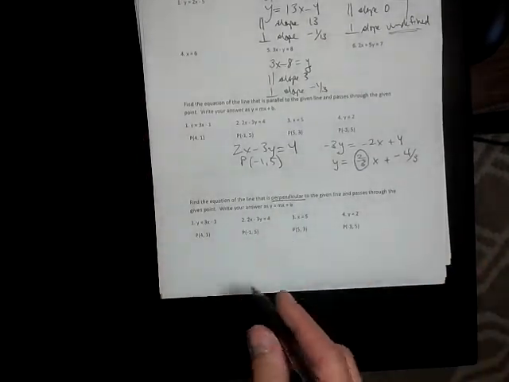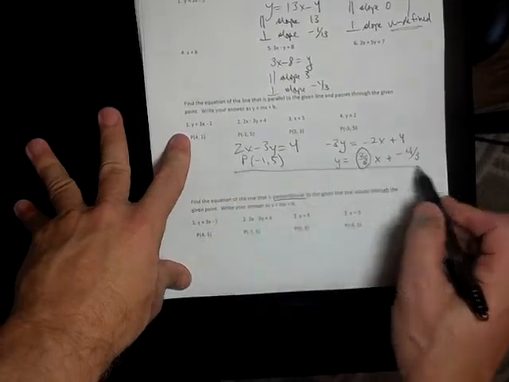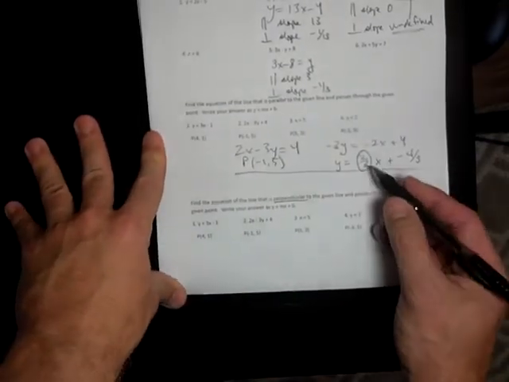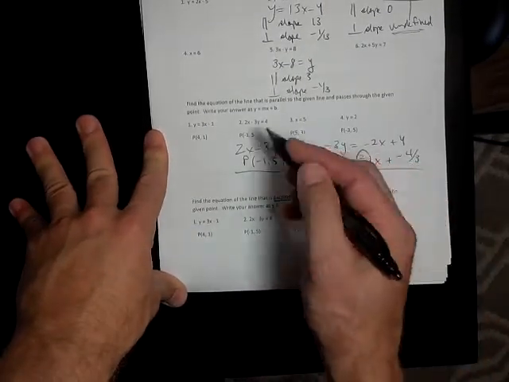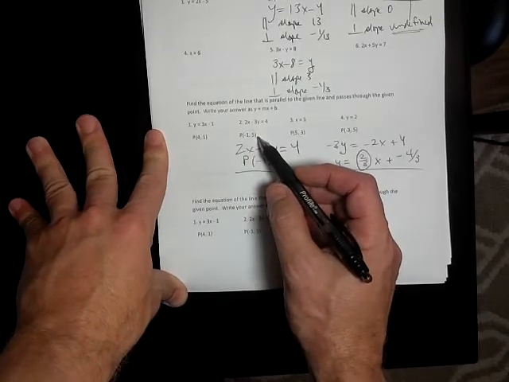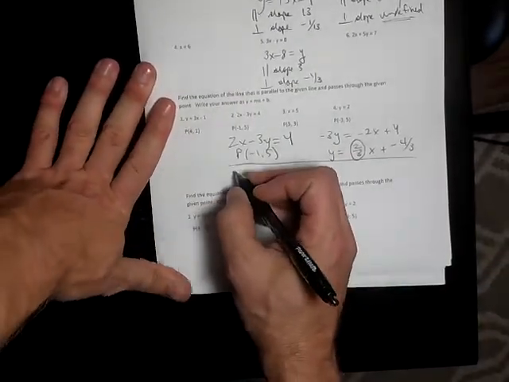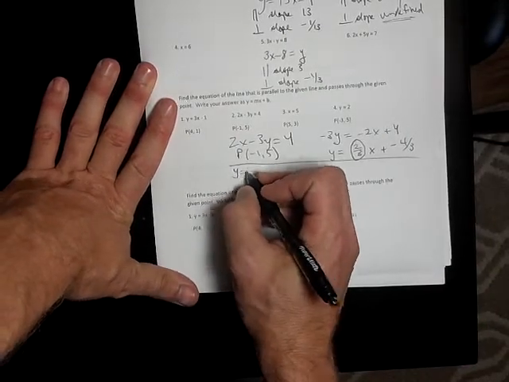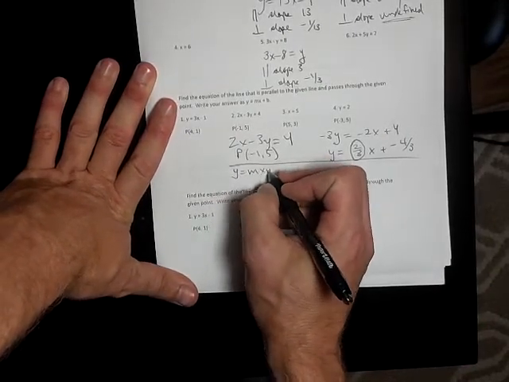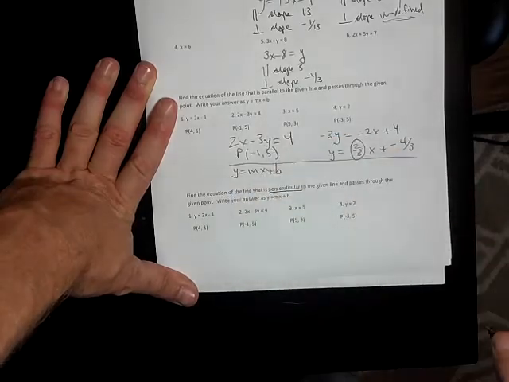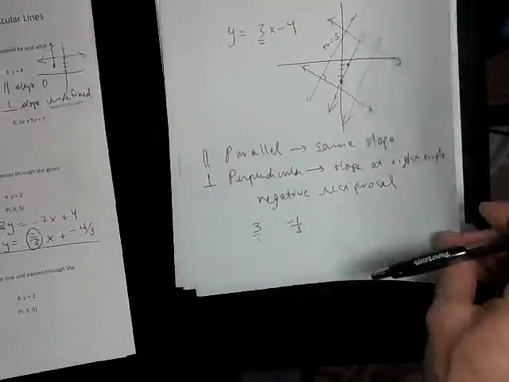So now all we have to do is find the equation of a line having a slope of 2/3 that passes through this point. So the way I do it is, I know that I'm looking for an equation that says y equals mx plus b. Let me do this on a bigger piece of paper so you can see it.